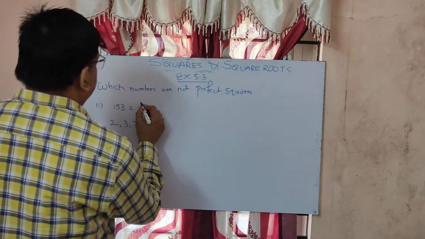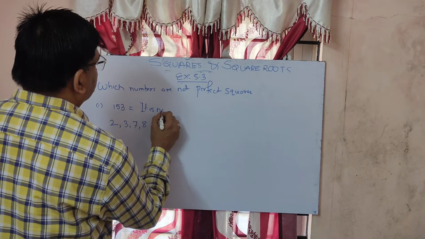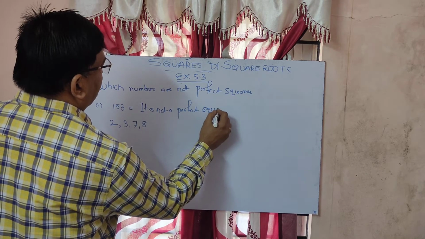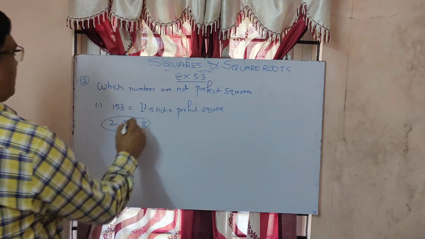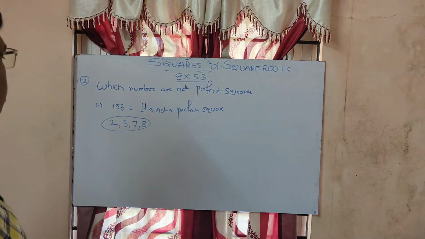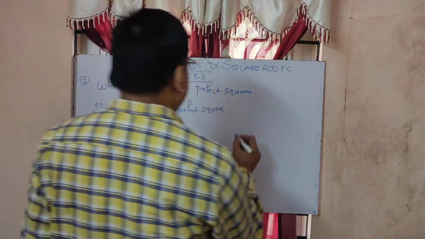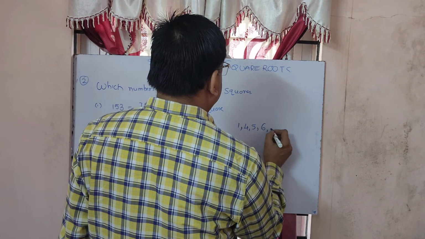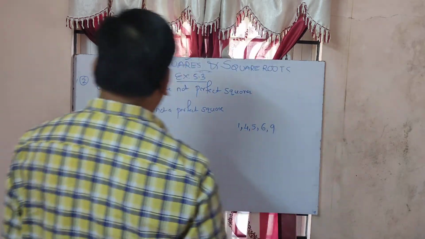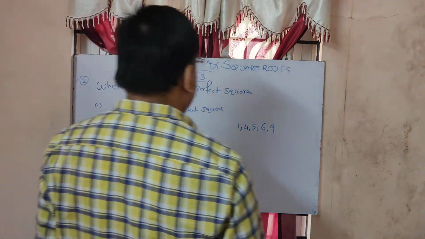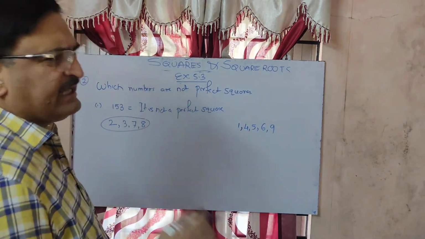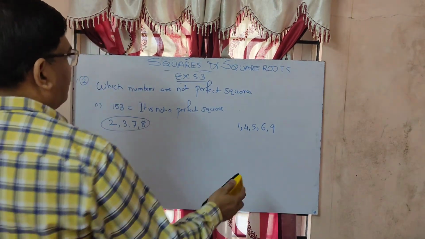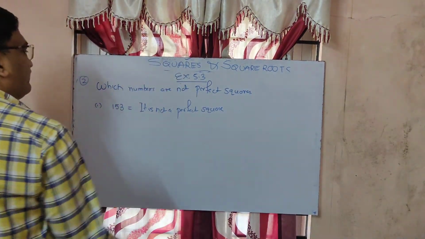It means it is not a perfect square. So you need to remember this property. If the last digits are 2, 3, 7, 8, it is not a square, and if the last digits are 1, 4, 5, 6, 9, then they can make a perfect square. That you have to remember.